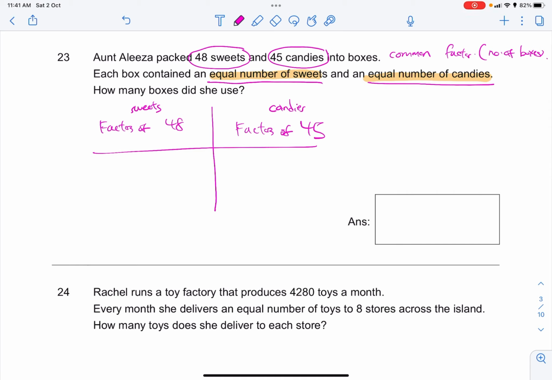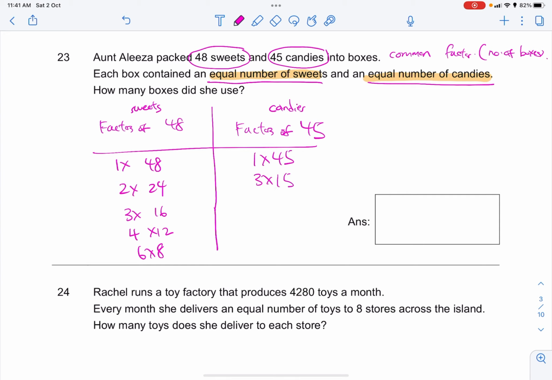For 48 we have 1 times 48, 2 times 24, 3 times 16, 4 times 12, 6 times 8. For 45 we have 1 times 45, 3 times 15, 5 times 9. And we see that the only number in common, besides 1, is 3. And so that means she uses 3 boxes. Each box has 16 sweets and 15 candies.